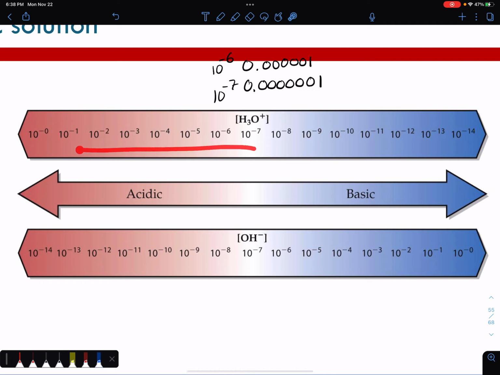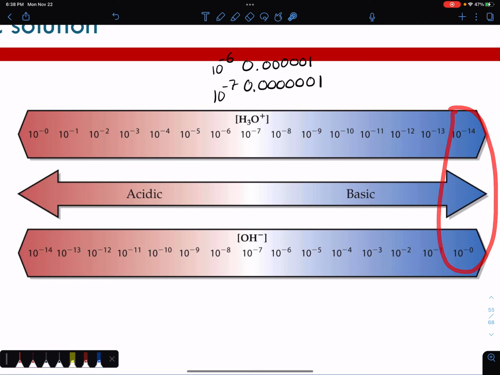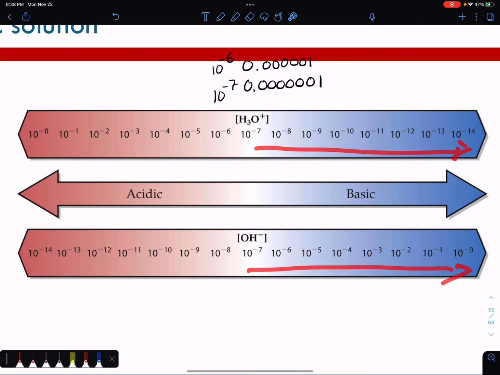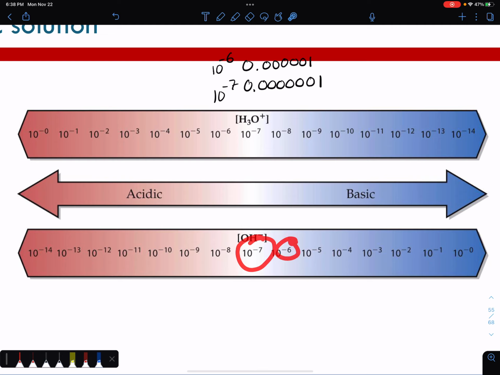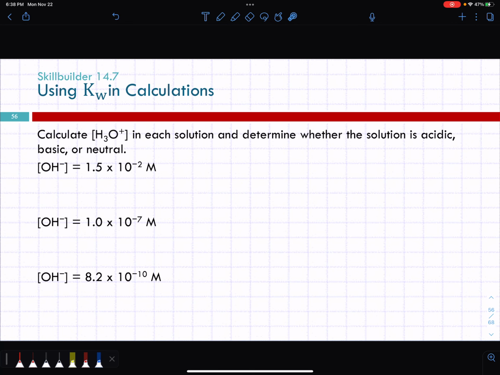As we move this way, we get more acidic as our H3O plus concentration increases, and as it decreases, we get more basic. There's also a direct correlation: as this goes down, this concentration goes up. So this goes negative 7, 6, 5, 4, and so on. Those concentrations are dependent on each other.